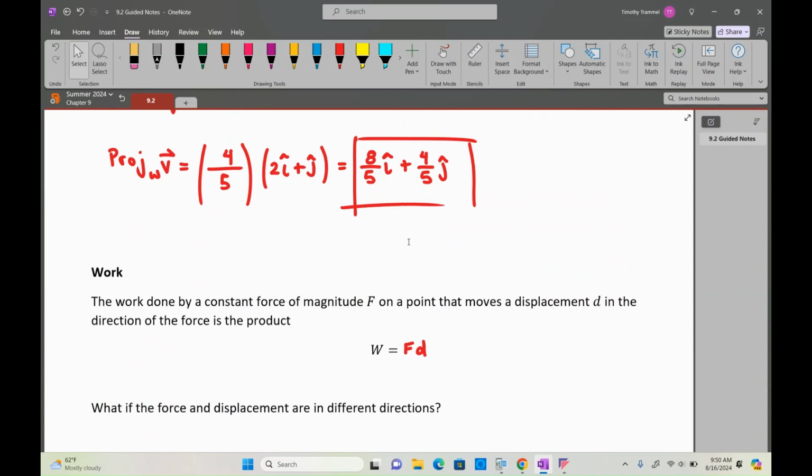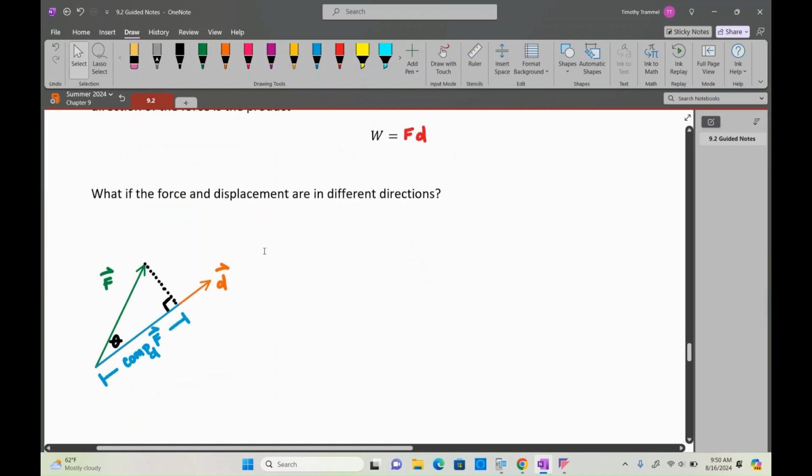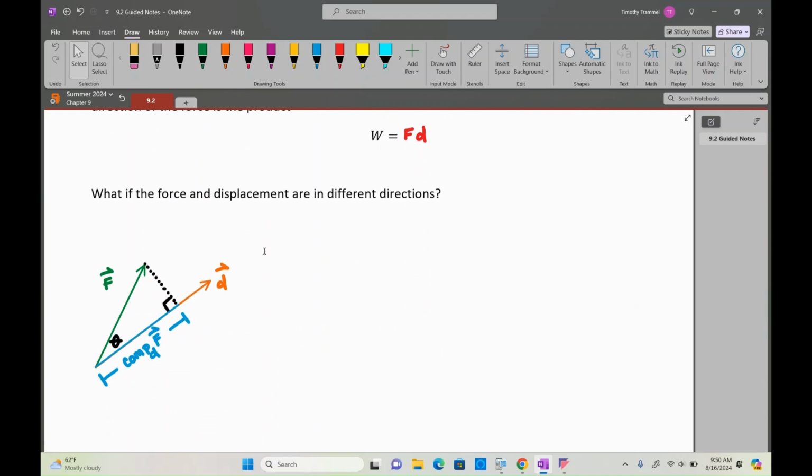So the question is, what do we do if the force and the displacement are in different directions? Here's what we'll do. We'll figure out how much of that force is in the direction of the displacement. And that is simply the scalar projection of F onto this displacement vector.